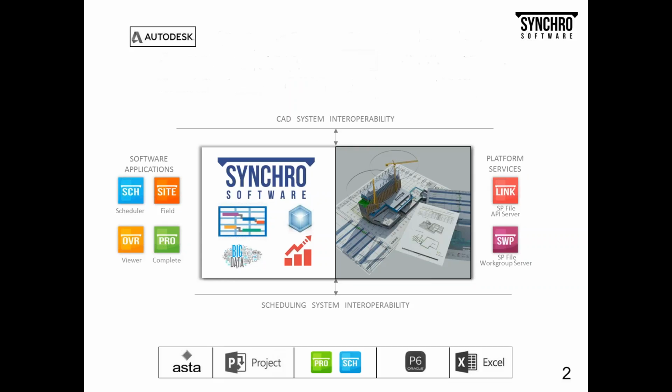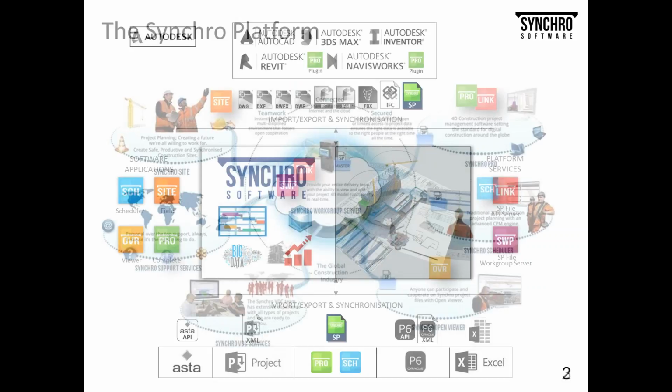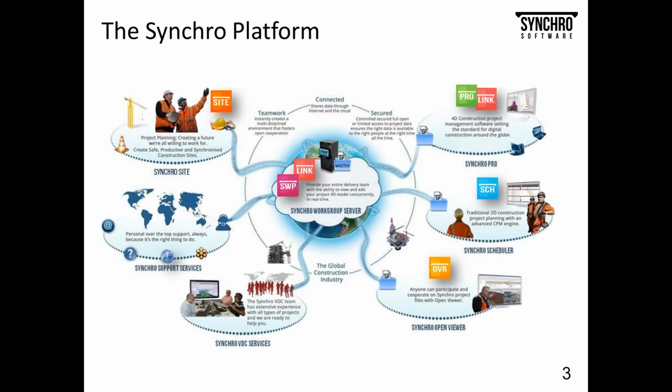I want to talk just briefly about what this Syncro platform is and how it all works. With the 2016.2 release, we're really going to be pushing not just the use of SYNCHRO Pro as a core piece of technology for 4D planning, but the use of the Workgroup Server and the Link Server as a way of extending data way beyond the desktop.